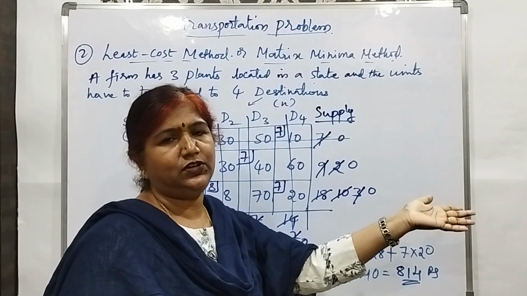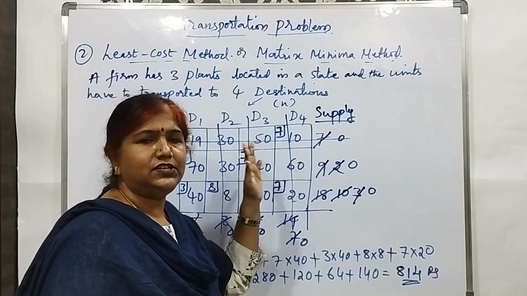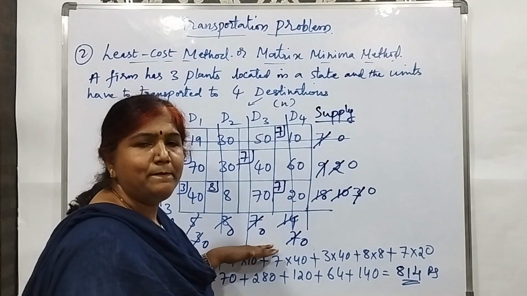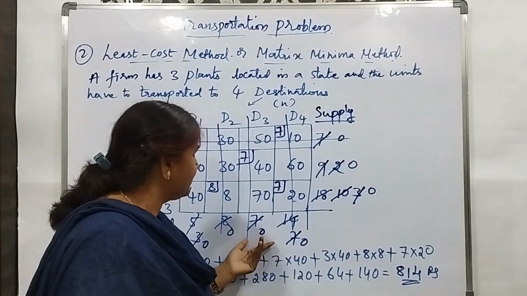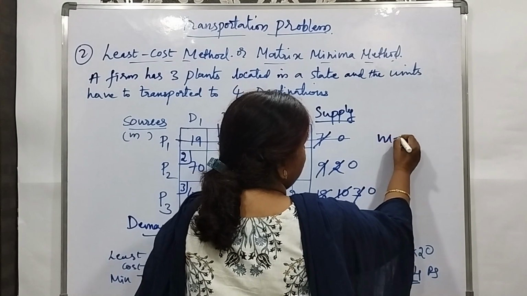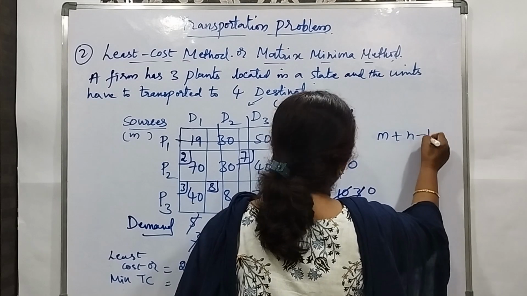Already we have discussed in the northwest corner rule that the objective function and the constraints have been framed in the form of a matrix, in the form of rows and also columns. So what is the rule that has to be satisfied? m plus n minus 1.